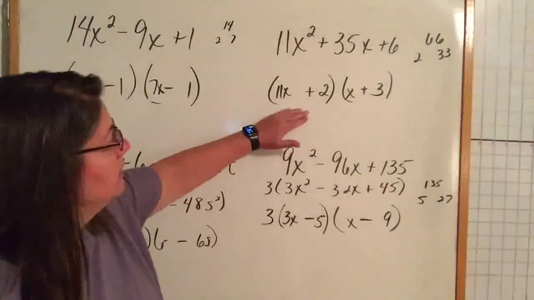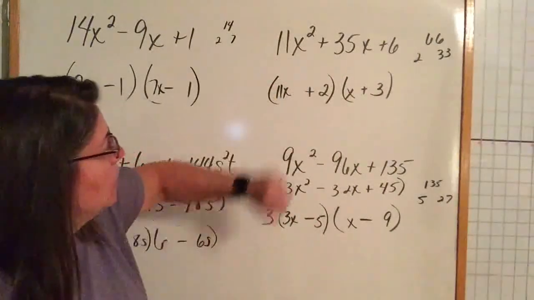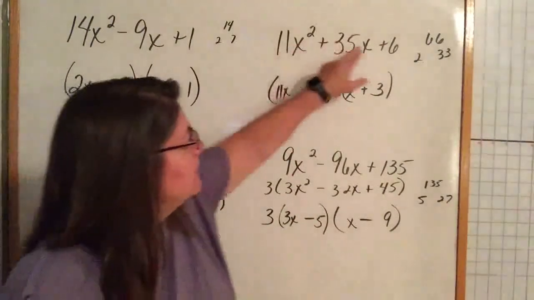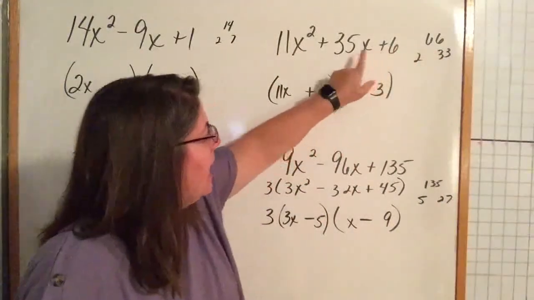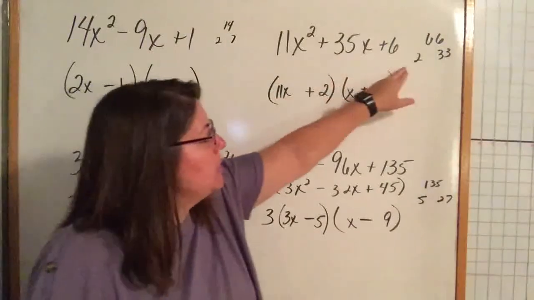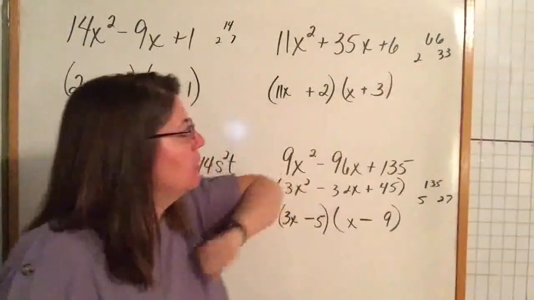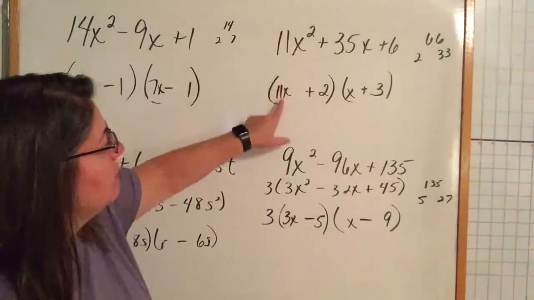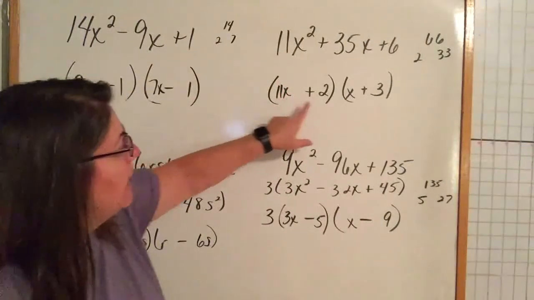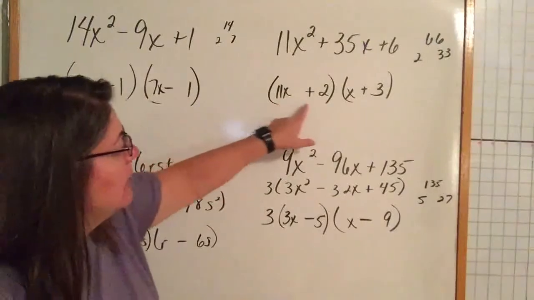For this one, nothing comes out of the whole thing. So I'm going to multiply 11 times 6 to get 66. I'm looking for factors of 66 that add to give you 35. And that would be 2 and 33, 2 times 33. And so I need factors of 11. Well, the only factors of 11 are 11 and 1. So I need an 11x and a 1x.